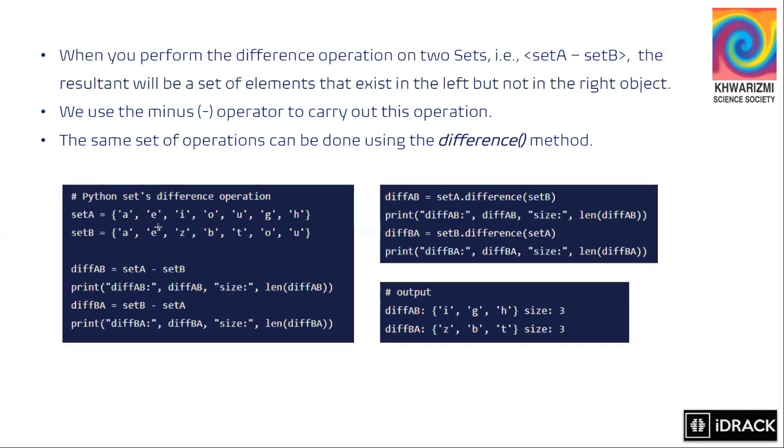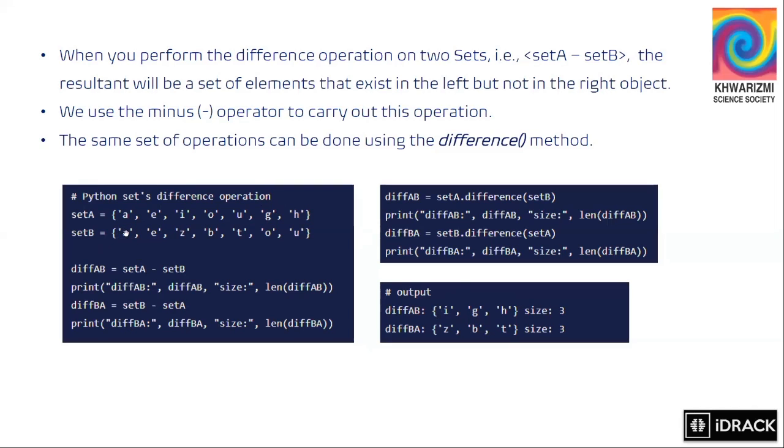It found E, deleted that. It found an O, deleted that, and it found a U, deleted that. So what's left now is the I, the G, and the H, which is what it's given in the output here.